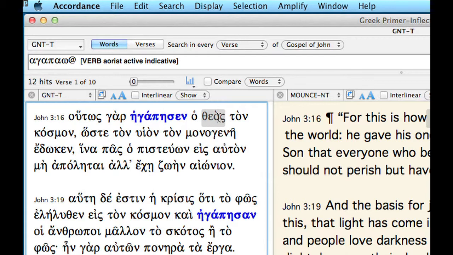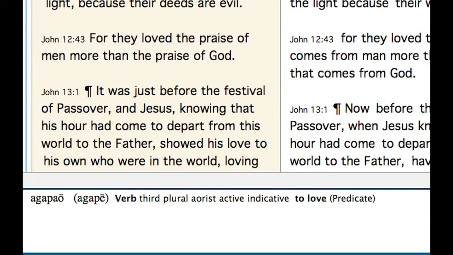Now it's interesting, in this verse you have a singular subject. Go down to verse 19, see how the form's different? It's agapesan. Sigma epsilon has changed to sigma alpha. How come? Well, if you do your mouse over, you'll see that agapesan, alpha nu, is a third person plural. Well, that means the subject of the verb in verse 19 is plural.